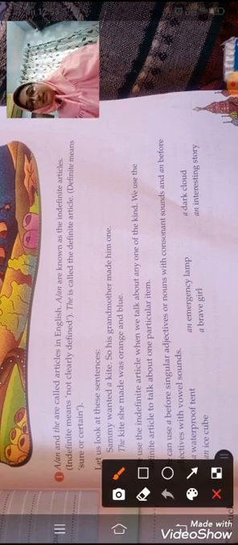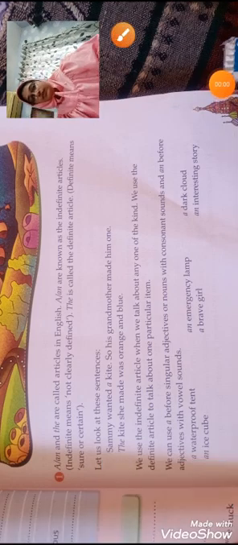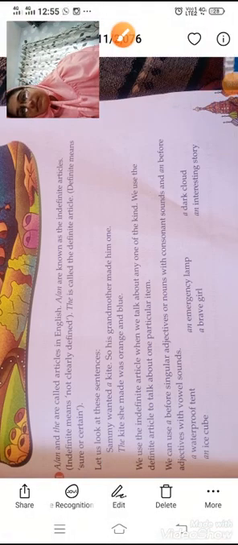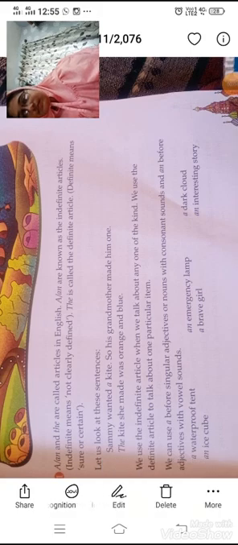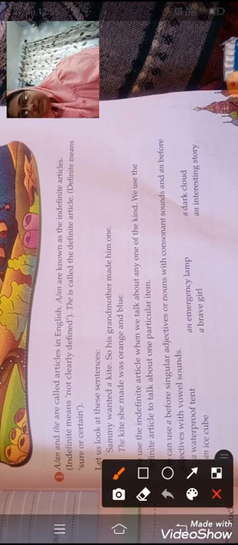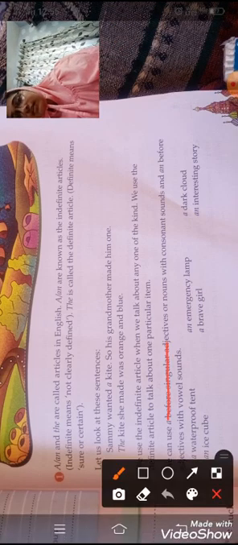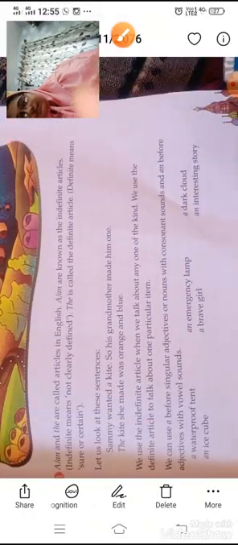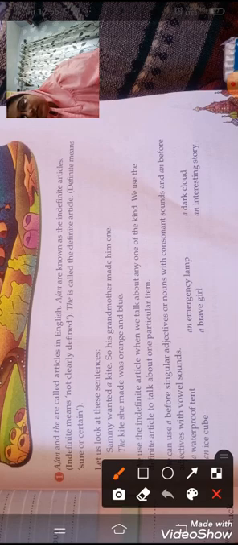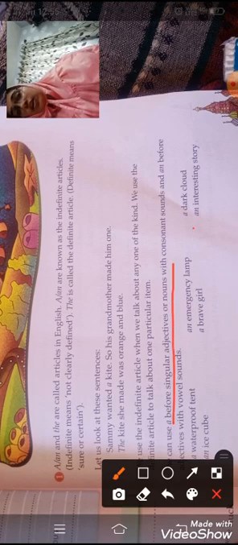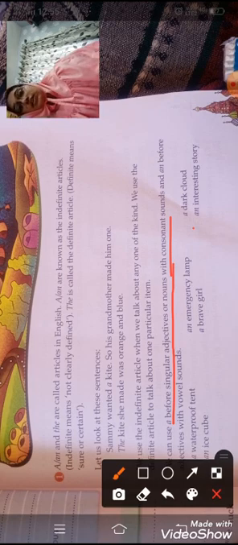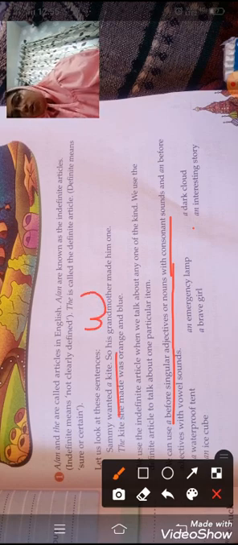I'll make you understand this with an example. We use a before singular adjectives and nouns with consonant sounds, such as a waterproof tent.